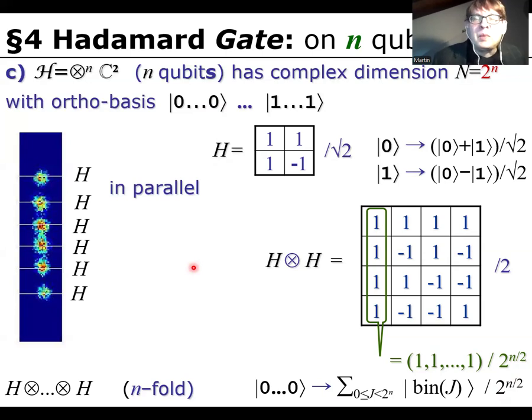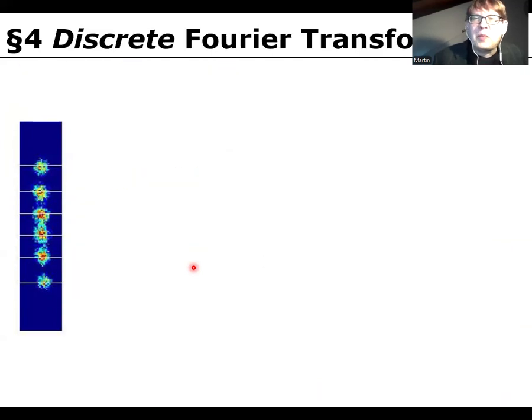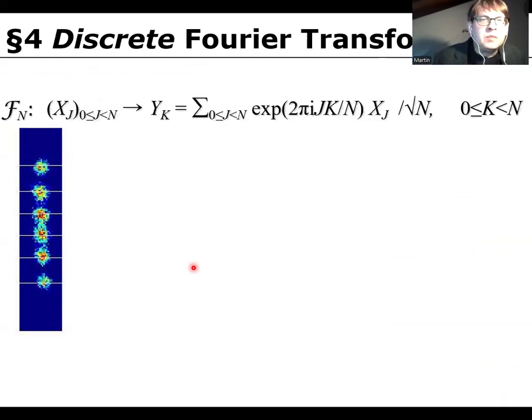Next example will be the quantum Fourier gate. And as a preparation, let's recall the discrete Fourier transform, which is a purely mathematical transform. So the discrete Fourier transform on an n-dimensional complex vector, let's say, takes this n-dimensional vector x with index j running from 0 up to but excluding n.